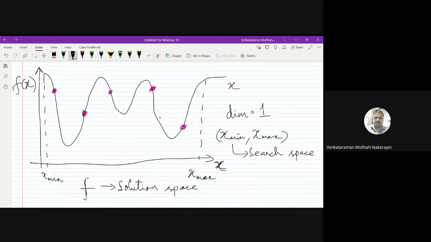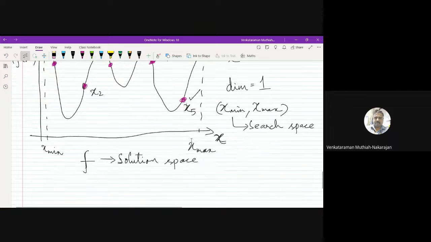Okay. So these points have to move according to some specific rule. What we do is find out which point is the best. I will call them x1, x2, x3, x4, and x5. We notice that out of these 5 points, x5 is at the best position. We call x5 the global best.